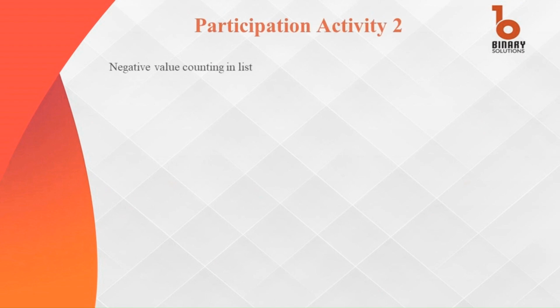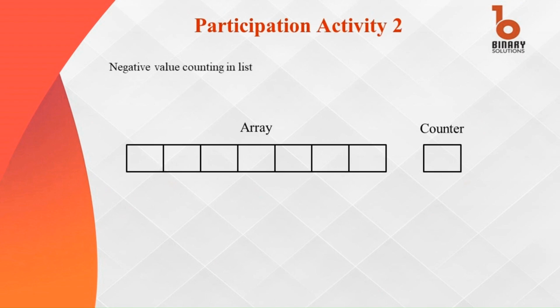Counting negative values in a list involves iterating through each element and incrementing a counter whenever a negative number is encountered. For example, in the given array, 14, -38, -1, 77, 9, -46, -71, we start with a counter initialized to 0.